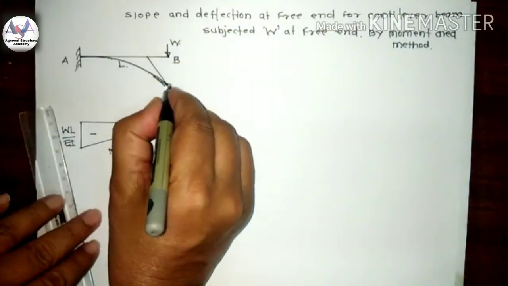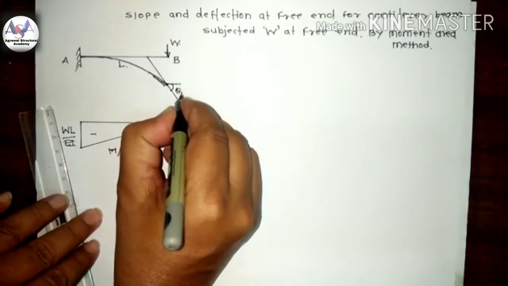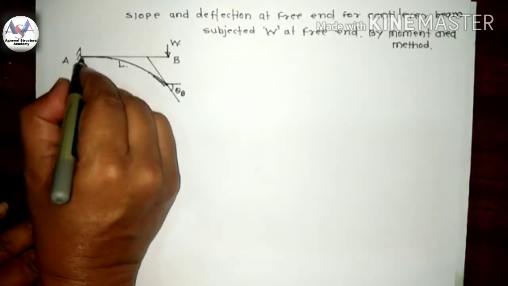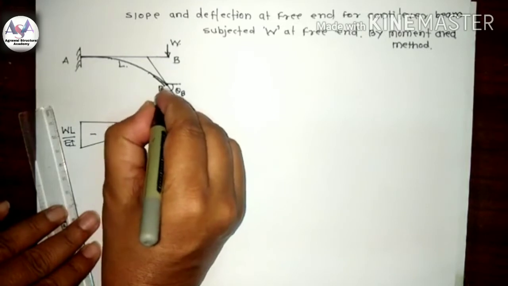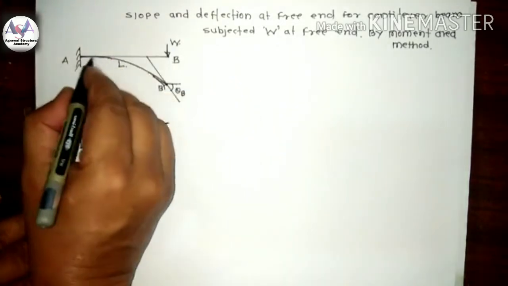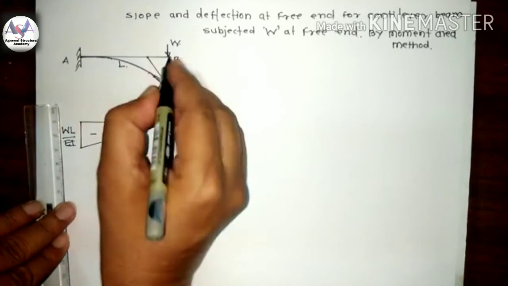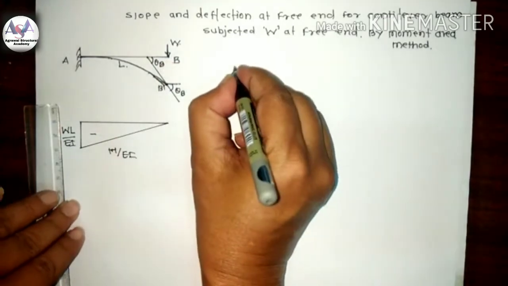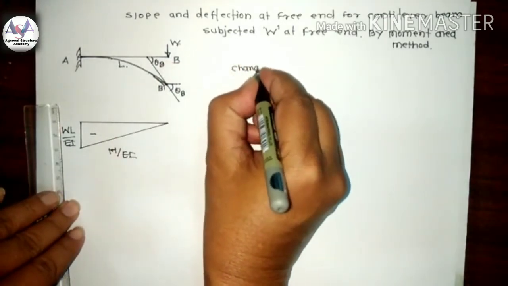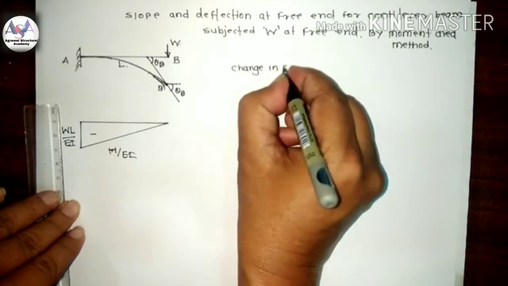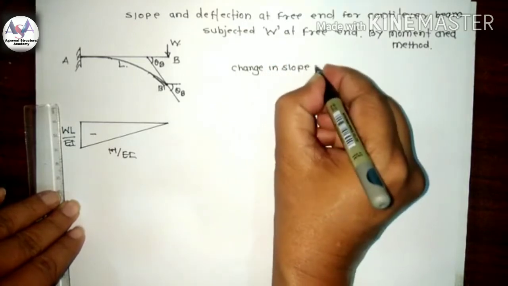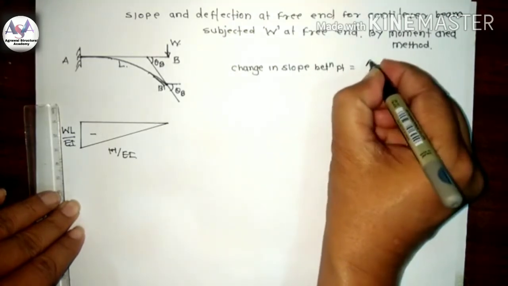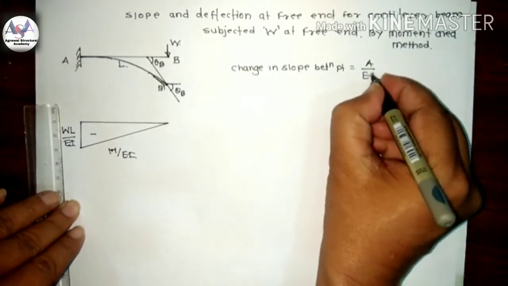So this becomes our theta B. The tangent drawn at B dash and the tangent drawn at A, so this is the theta B. We know the first theorem: the change in slope between the points is equal to the area of the M by EI diagram between these 2 points.